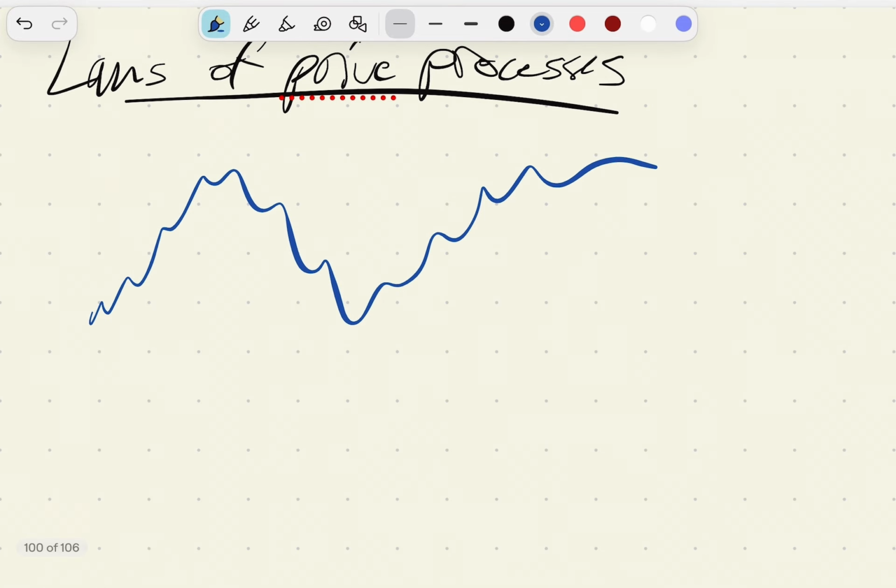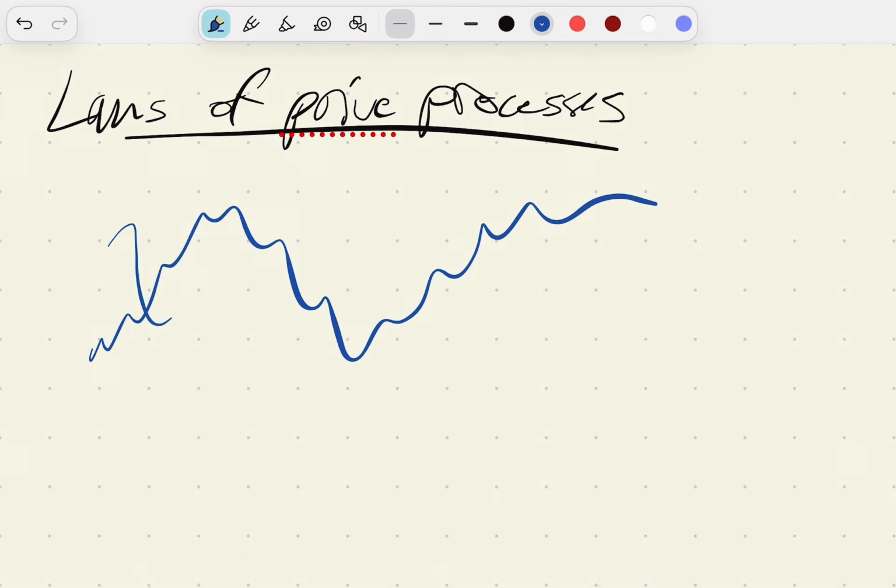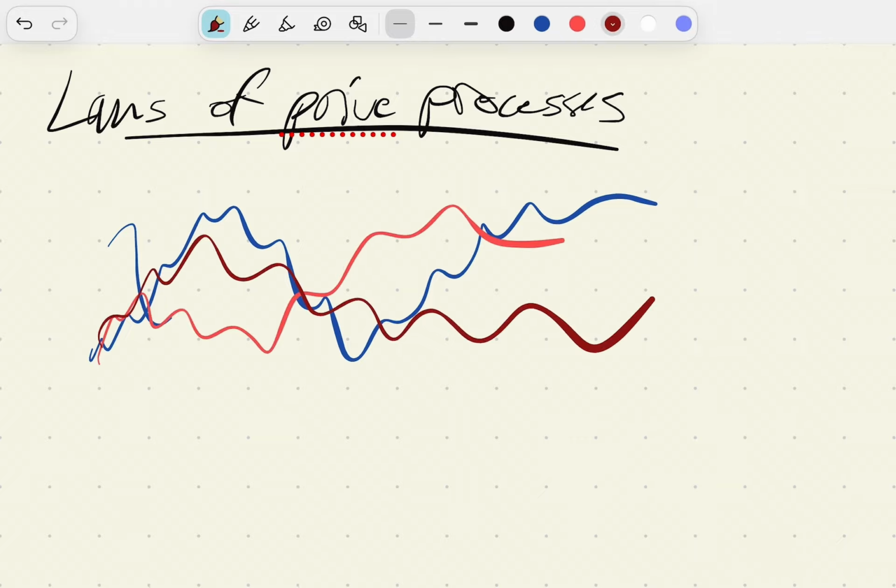So what we have to do is compute the quadratic variation or the path-dependent volatility, barrier statistics, all of these things, entropy balance, across every single realization or every single path.